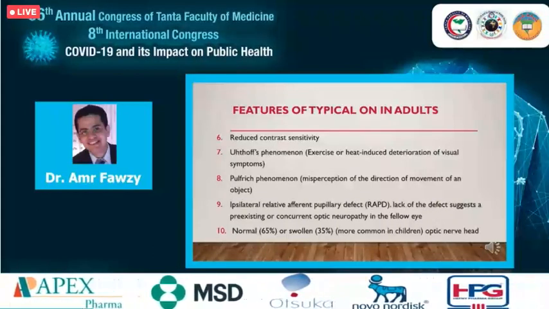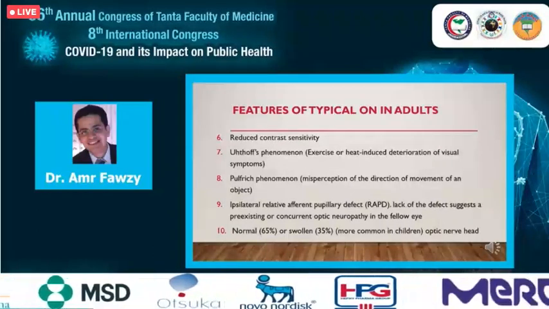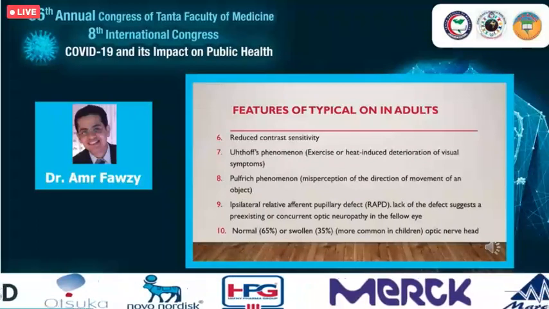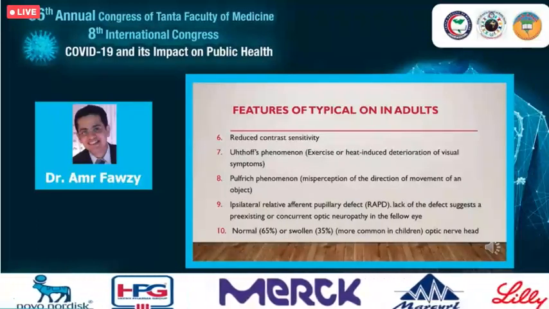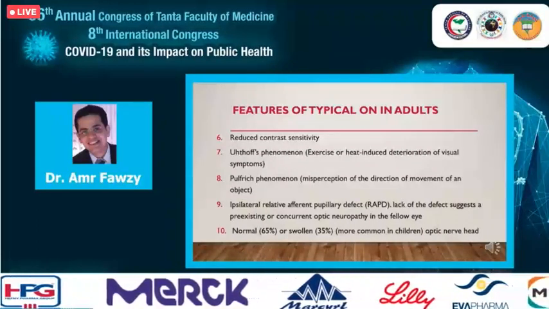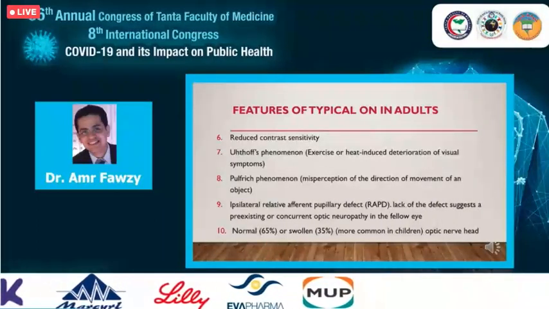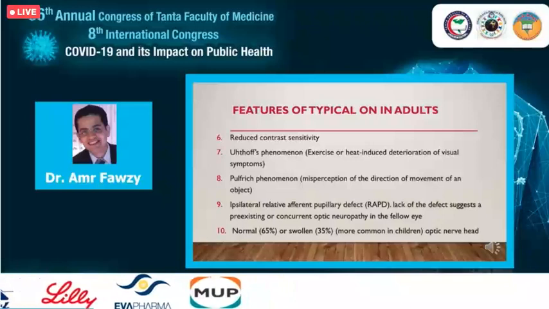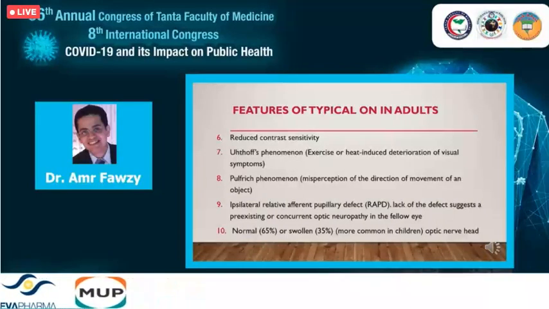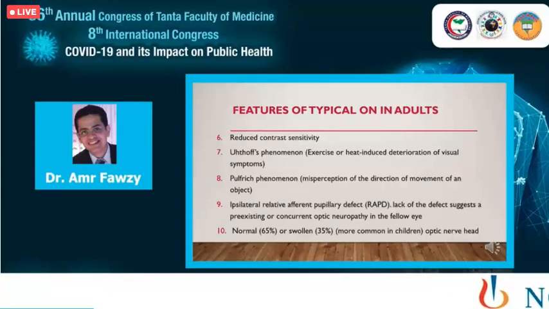Number 9, ipsilateral relative afferent pupillary defect. Lack of the defect suggests a pre-existing or concurrent optic neuropathy in the fellow eye. Number 10, normal or swollen optic disc head, and it is more common in children.